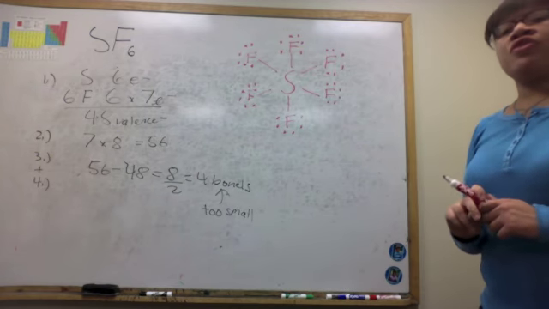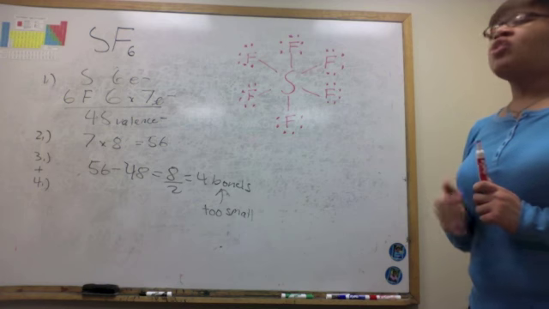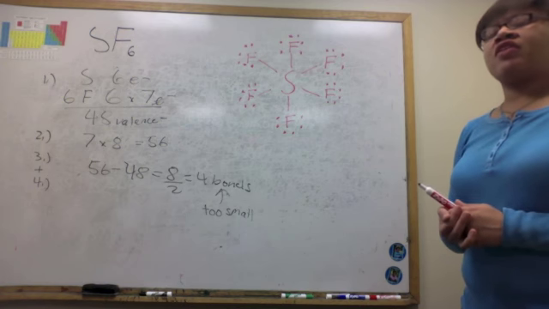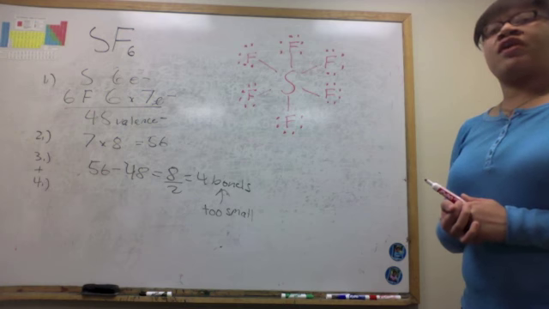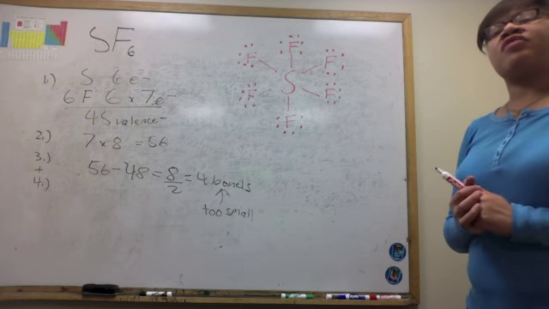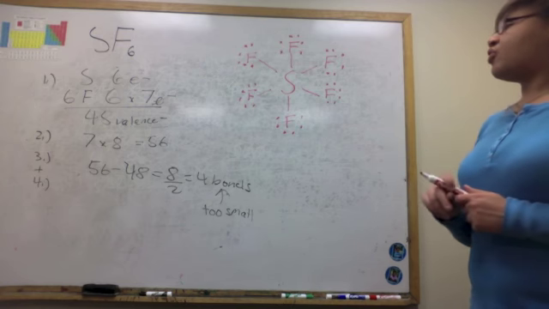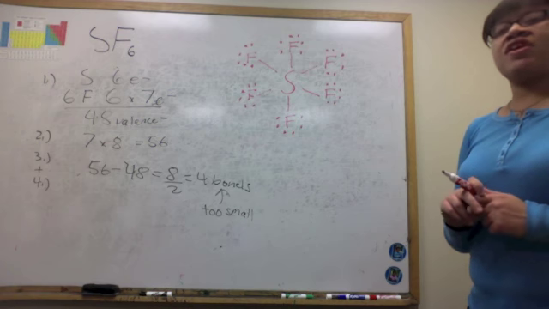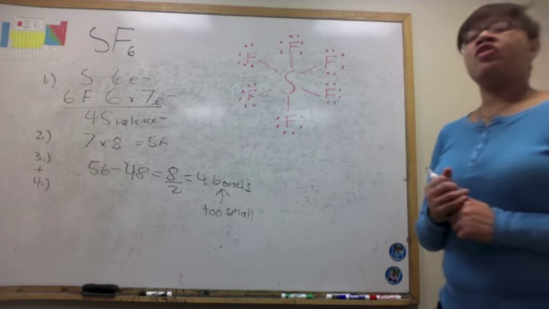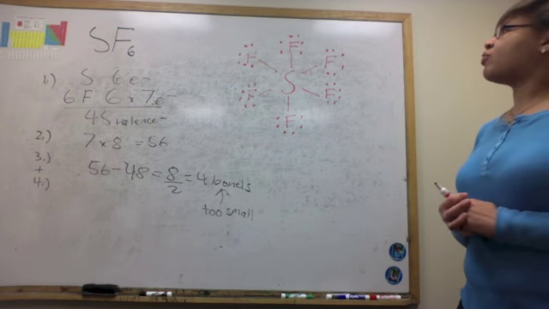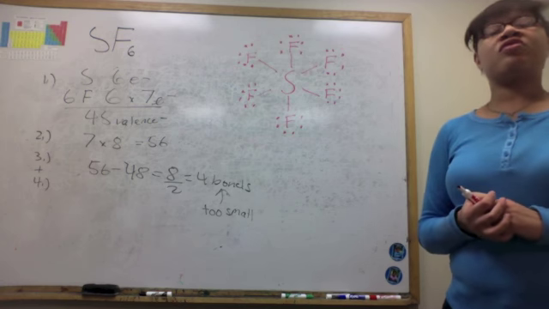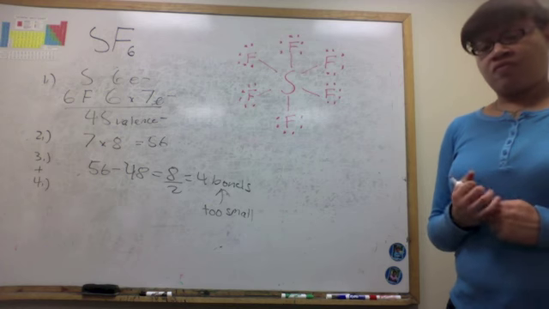We've used up all 48 electrons, and all of our fluorine atoms have an octet. All row 2 elements should at least have an octet of electrons around them. Sulfur, which is in row 3, has 12 electrons around it, which is perfectly fine for a row 3 element, since it is able to expand its octet.